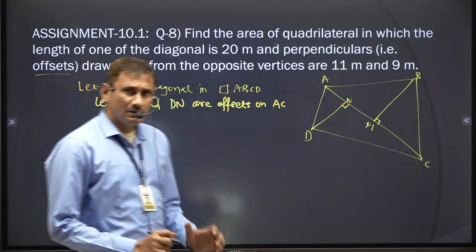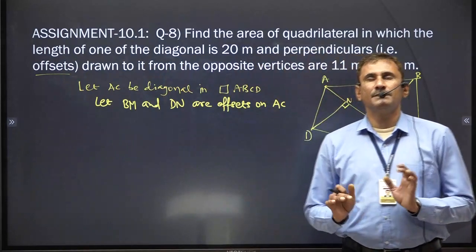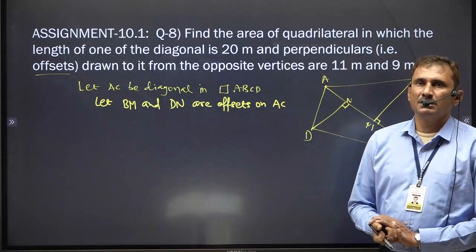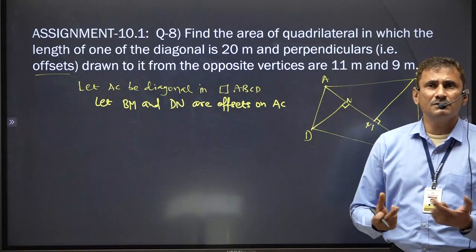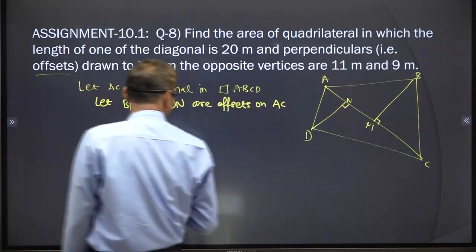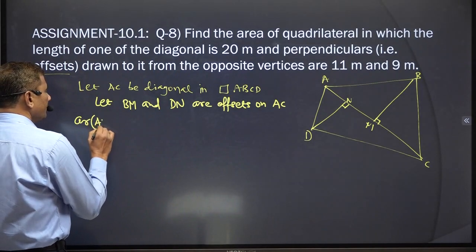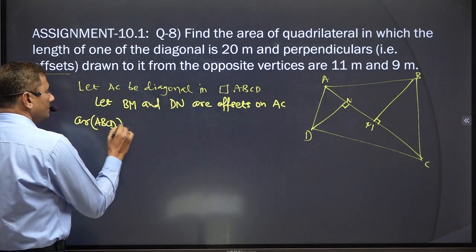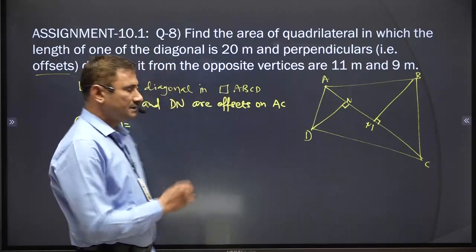There is no particular formula here; you just use the formula of a triangle, but after taking common, the base repeats, so you can derive a formula that way. So can I write: area of ABCD equals area of ABC plus area of ADC.